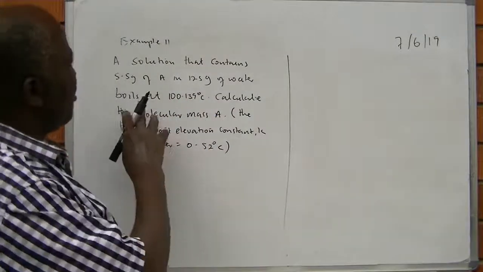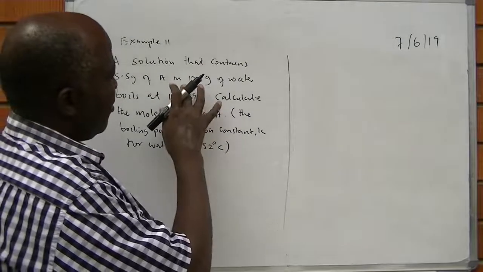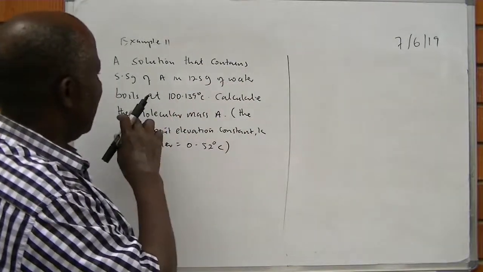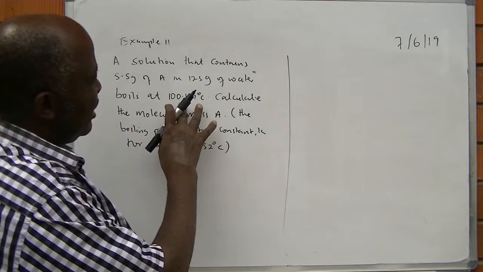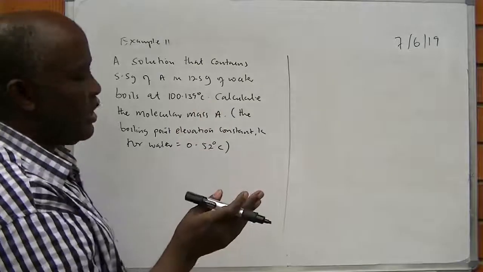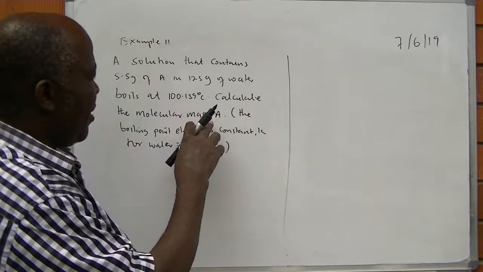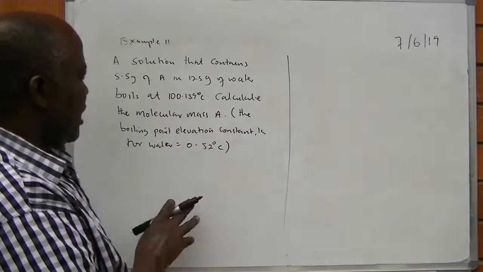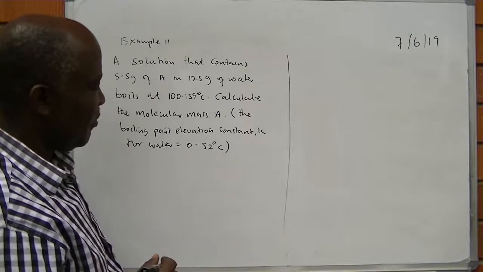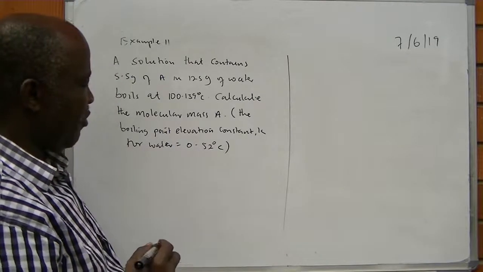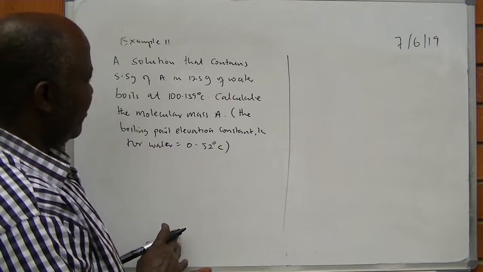A solution that contains 5.5 grams of A in 125 grams of water boils at 100.139 degrees Celsius. Calculate the molecular mass of A. The boiling point elevation constant K for water is 0.52 degrees Celsius.